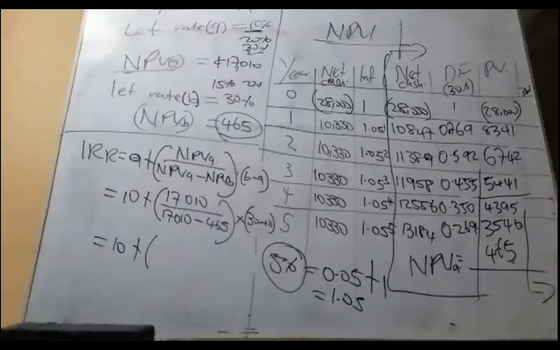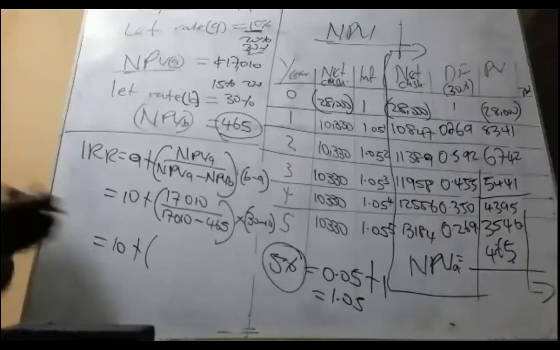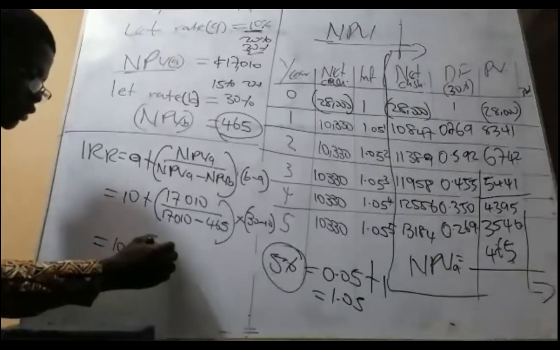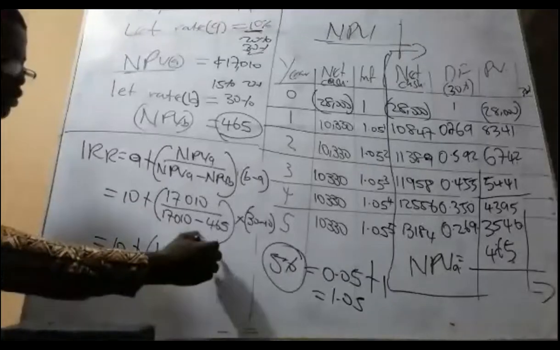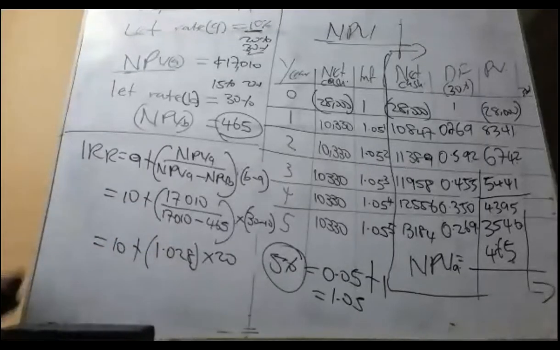Okay, so less 10 less 465. That'll give us 1.028. So 1.028 now times what? Times 20 aggregate, times 20.